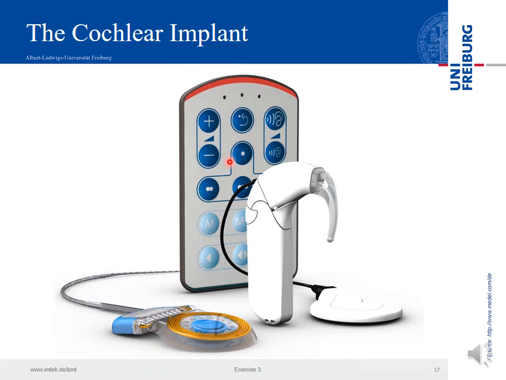This here is a remote control where you can change, within the safe limits of the implant, a little bit the volume, or you can change between one or two programs that have been personalized to you for different situations.